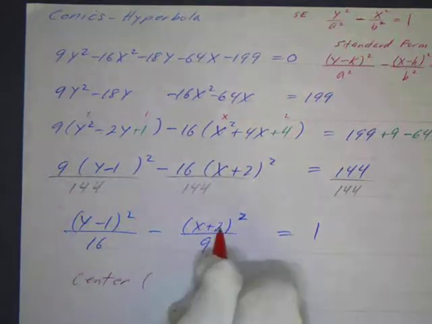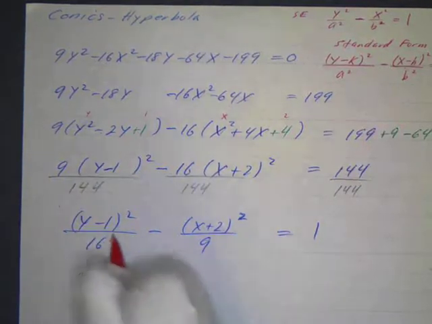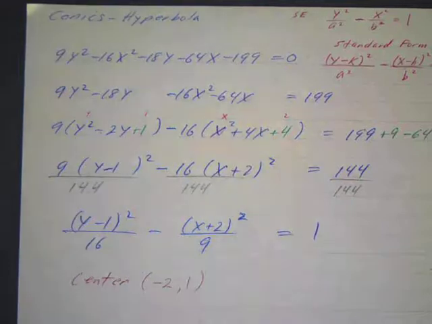So my center is going to be here at negative 2, because this is the x value, and 1. Okay, so that's my center, so when I go to graph it, that's what I've got.